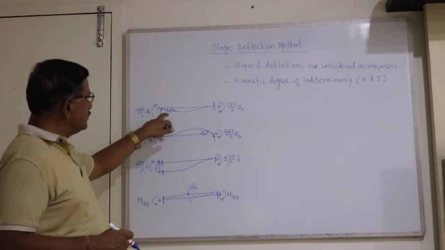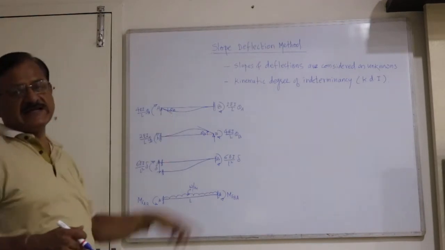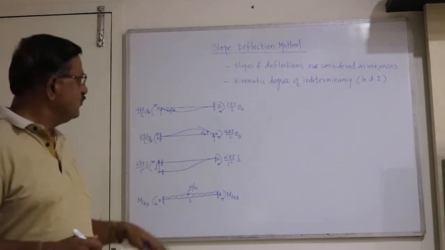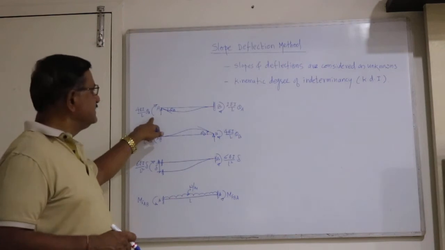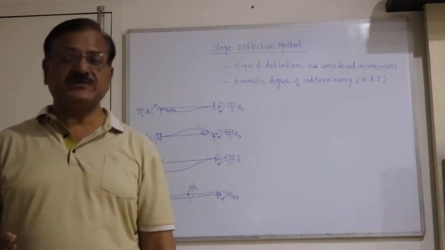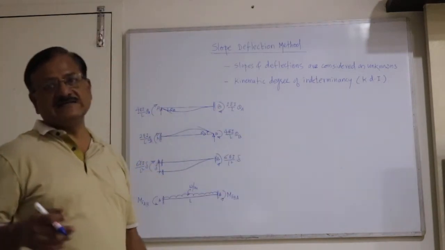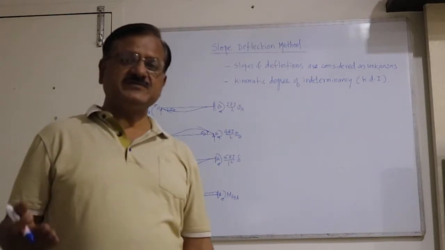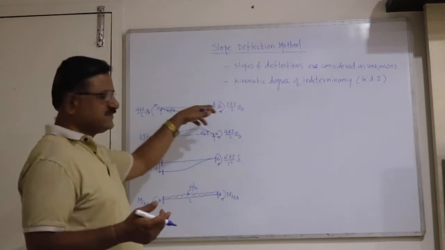Suppose A undergoes only a rotation theta A, then we know the fixed end moment developed at A is 4 EI by L theta A, and at B it is half of that, 2 EI upon L theta A. You might have learned this earlier in fixed beams or the method of consistent deformation. We can derive these formulas.